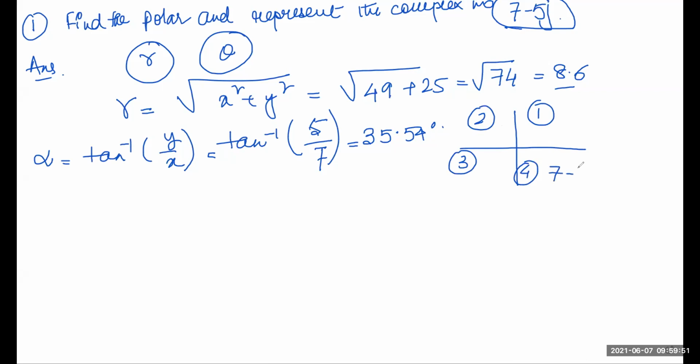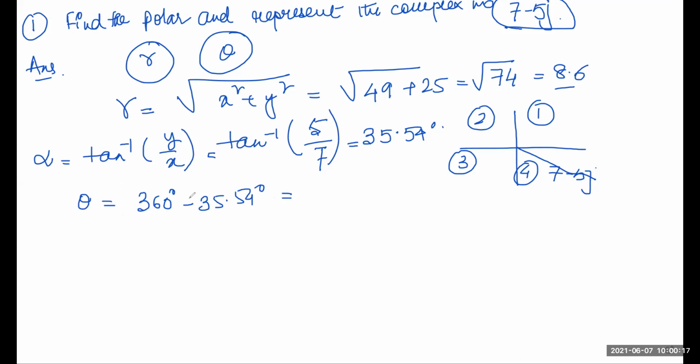So 7 minus 5j lies in this quadrant. So how do we find theta? It will be 360 degrees minus 35.54 degrees. What is the value of theta?